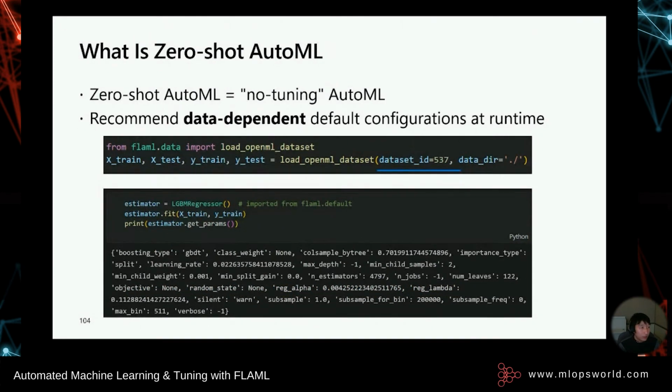So for example, when we fit the regressor on the house price prediction task from OpenML, the configuration is adapted as shown here. The number of trees is 4797. The number of leaves is 122. Does it work better than the static default configuration? Let's compare.